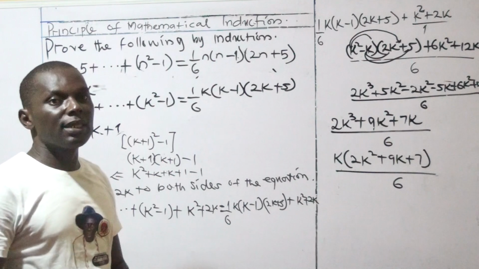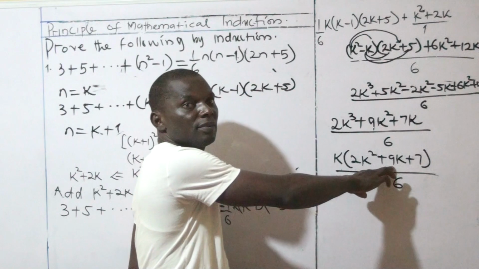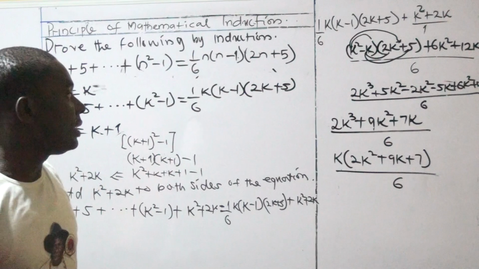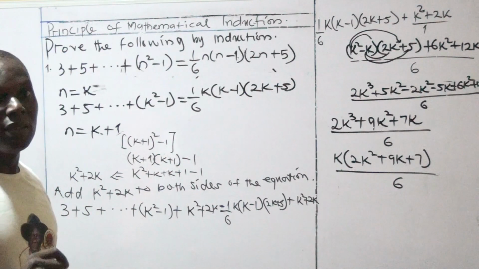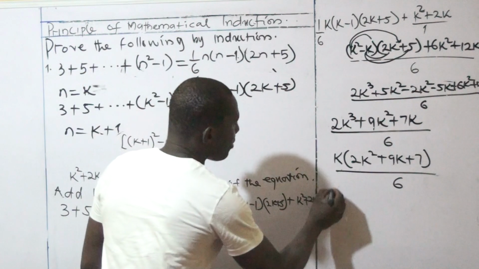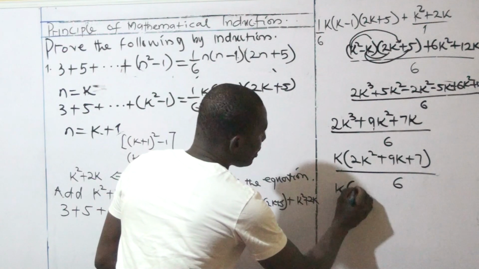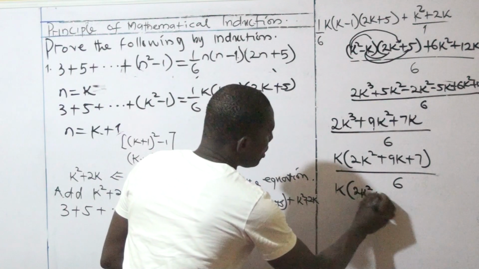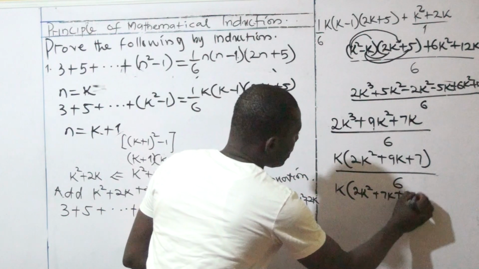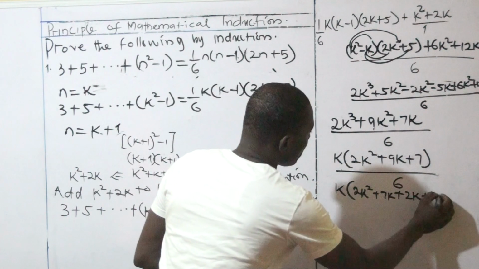We are looking for two numbers that add to give us 9 and at the same time multiply to give us 14k squared. It's just 7k plus 2k. So if we factorize this, it will become k, and inside we have 2k squared plus 7k plus 2k plus 7.